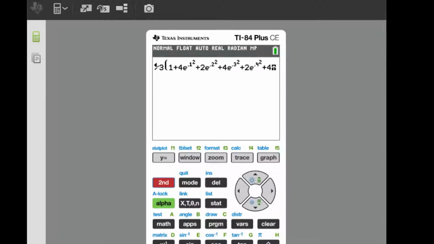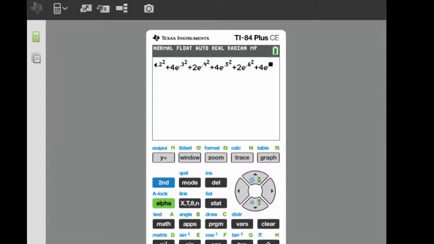Where's e? E. What's next? 0.5 squared, right? Then come out of there. Plus 2 e to the point what? 6 squared. Come out of there. Plus 4. What's this?